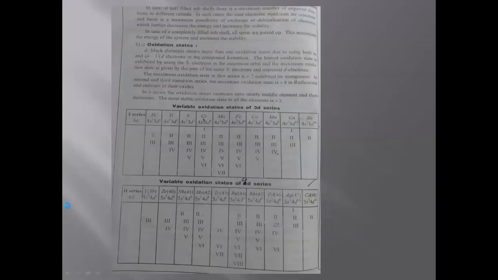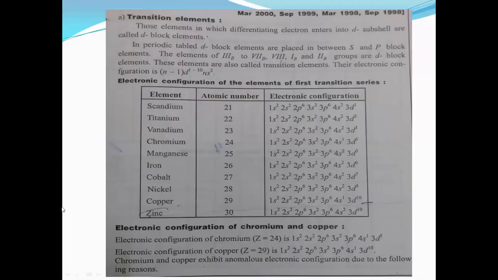See, in the periodic table, there are 3 series in D block elements. What are they?